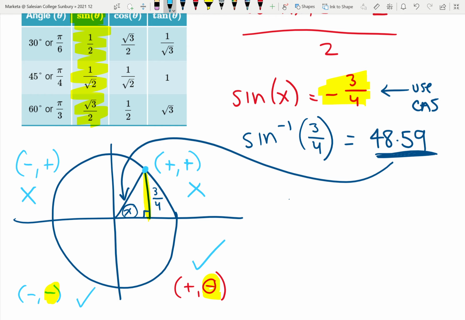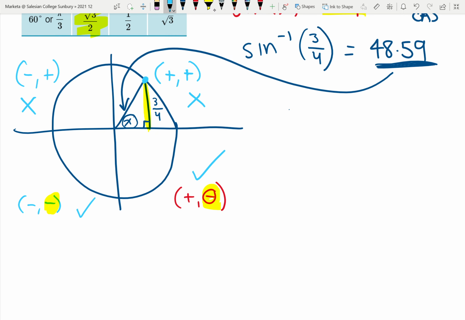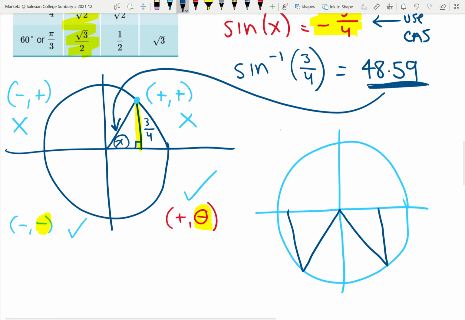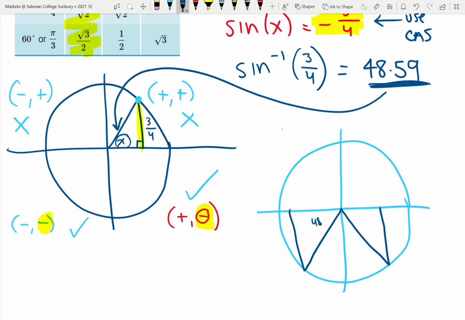So I'm going to draw the unit circle again and draw the triangles that we are going to deal with. So here, we've got one there, and we've got one here. And we have found that the x value is 48.59. So 48.59 exists here, and 48.59 exists here.